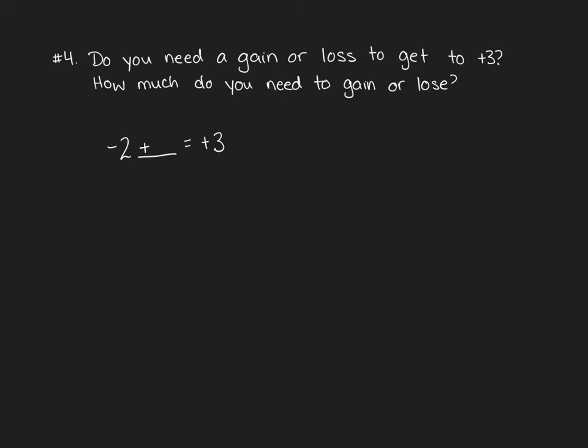And there's a couple ways to figure out how much you need to gain, right? So you could think of a number line, and you could go negative 2, negative 1, 0, 1, 2, 3, and go, okay, 1, 2, 3, 4, 5. I need to gain 5.